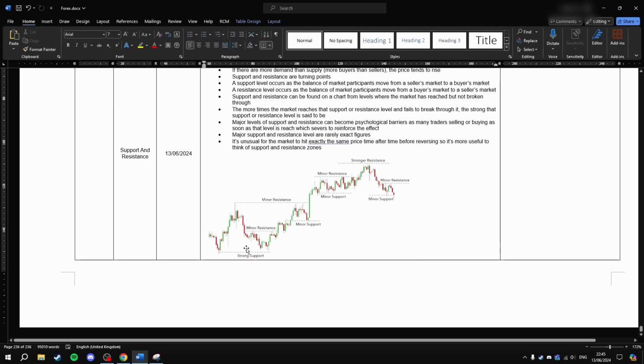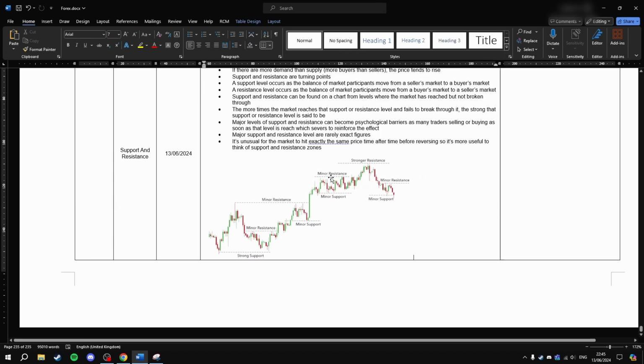So we've got strong support because it's hit here 1, 2, 3 times and it still hasn't broken through. Minor resistance, this is all minor apparently. This is minor as well, minor support. How would you classify between minor and stronger? This is the baseline, and this is the very high ceiling.